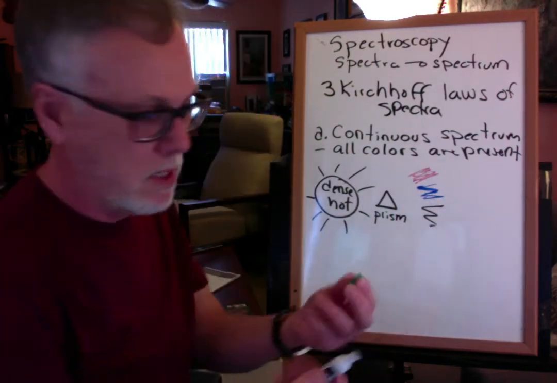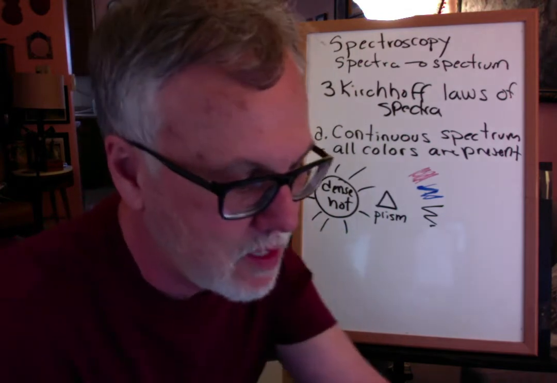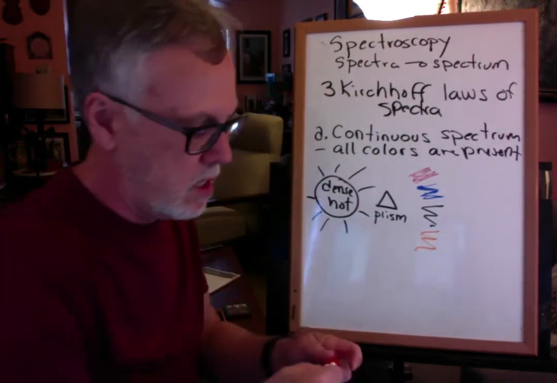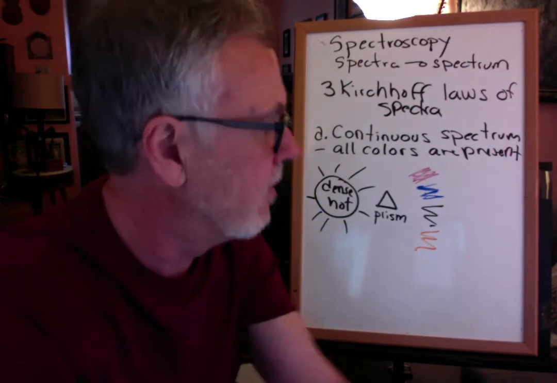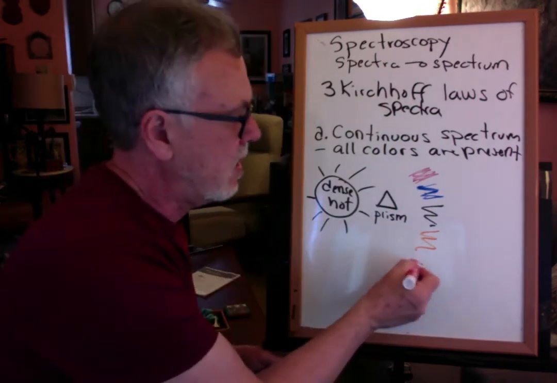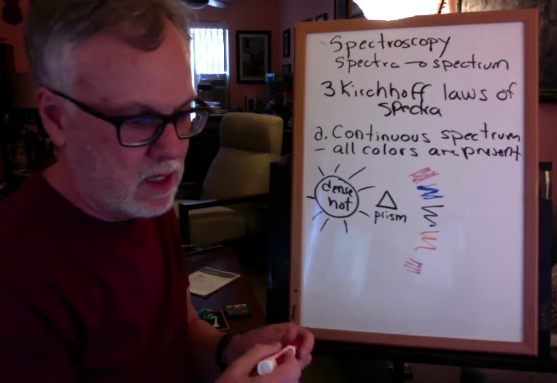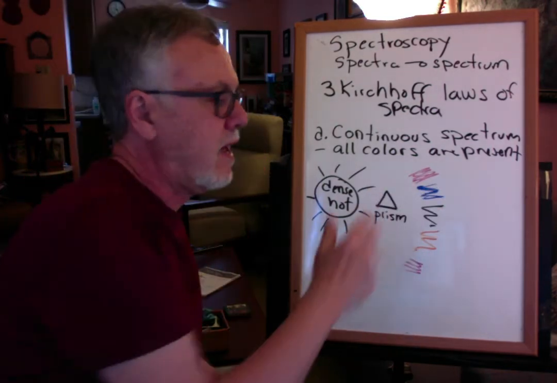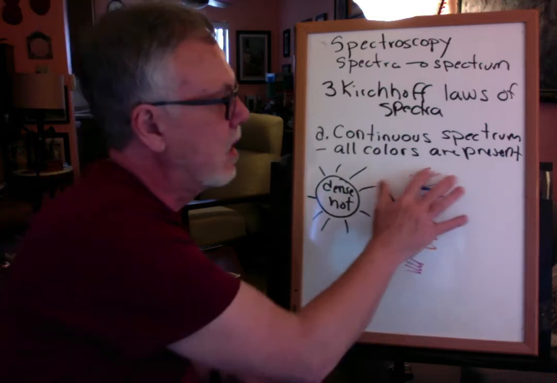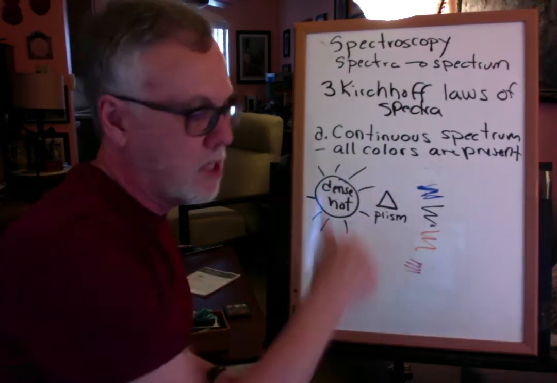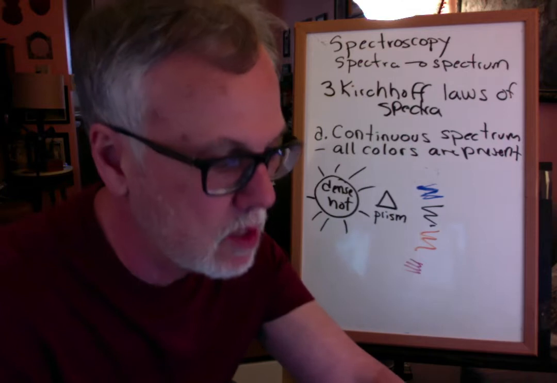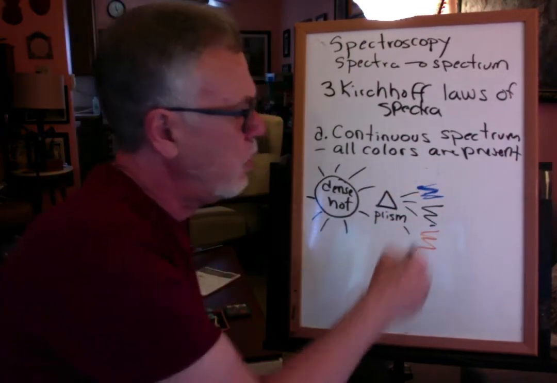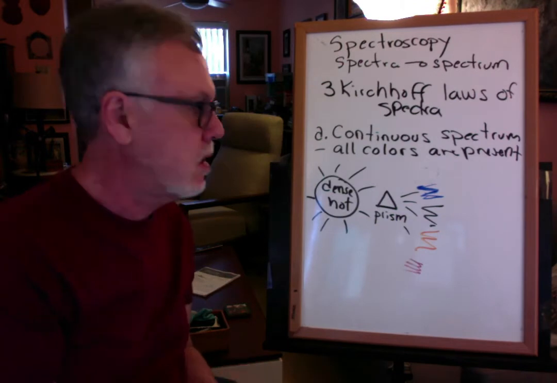Well, that's not green, but you get the idea. And then orange, and then different shades of red. So anyway, the whole point here is how light can be spread out as it passes through this prism. And we would see every color of the rainbow.